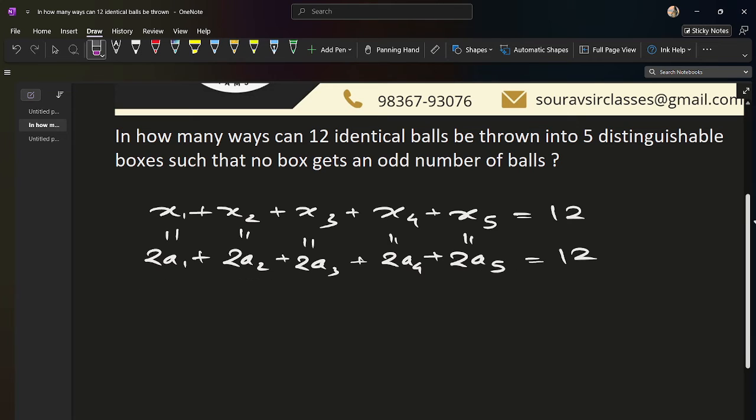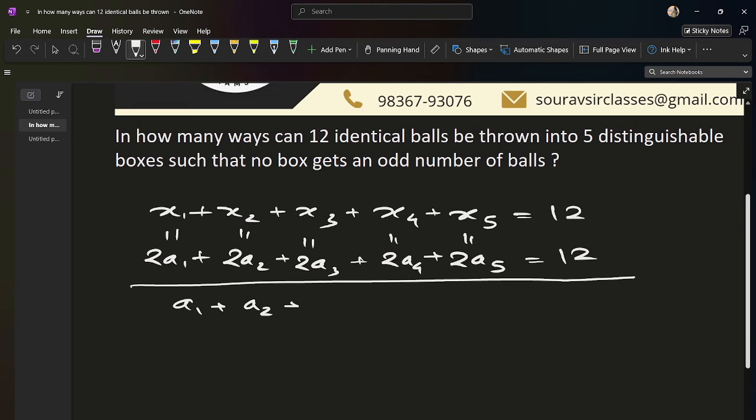So we can easily write that a1 plus a2 plus a3 plus a4 plus a5 will be equal to 6. Okay.